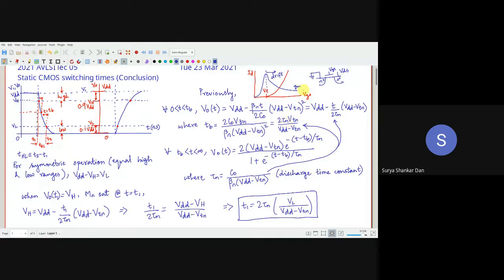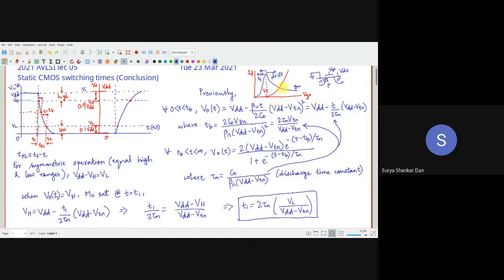This N plus region is the source. This source is full of electrons, N plus, right? This is the P substrate, with fewer electrons. So the electrons will simply diffuse even if you are not applying a VDS bias. This is the process of diffusion. Diffusion is the main cause of the subthreshold conduction.